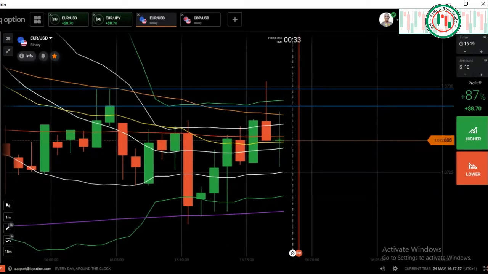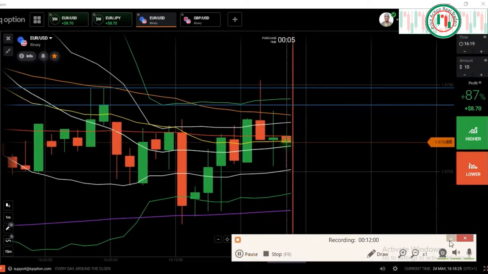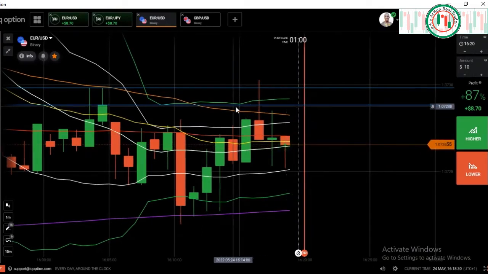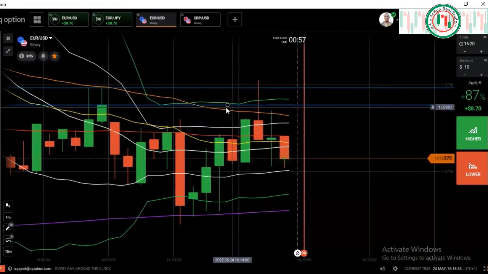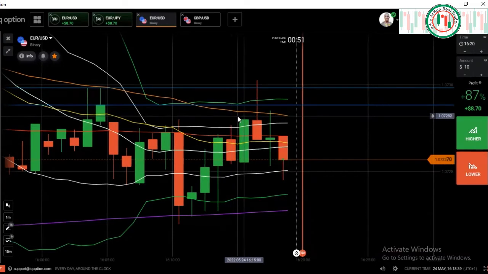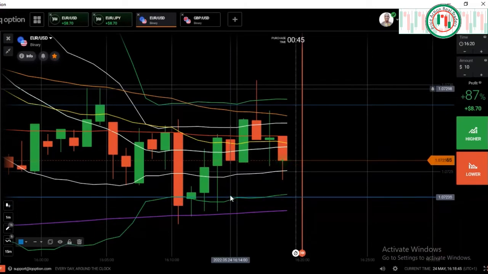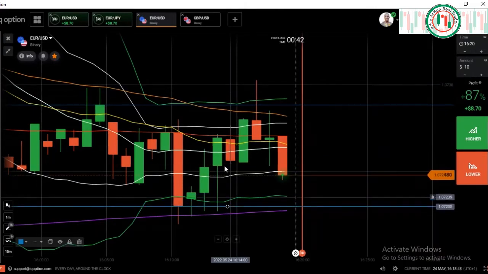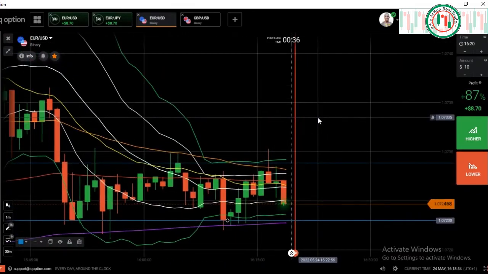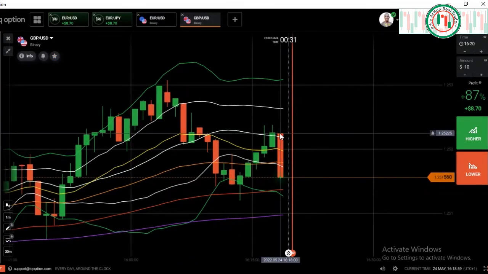Market rejection from this level. Yes, here you see market is rejecting. But now this is my zone here, but it's not very nice one. Let me check here. You see where I told you this is the zone. Market has reversed already.